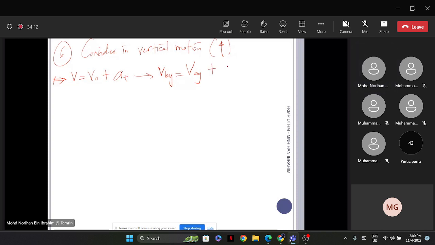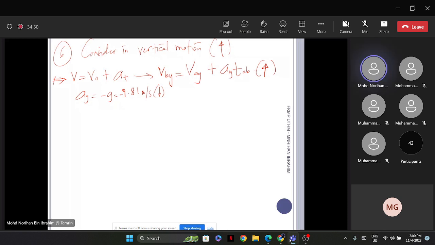plus ay tab. In this case, ay is equal to negative g, which is 9.81. Why negative g? Because it is directed downward, and our positive sign convention is upward for this one. So we need to put this positive sign convention for the first equation.